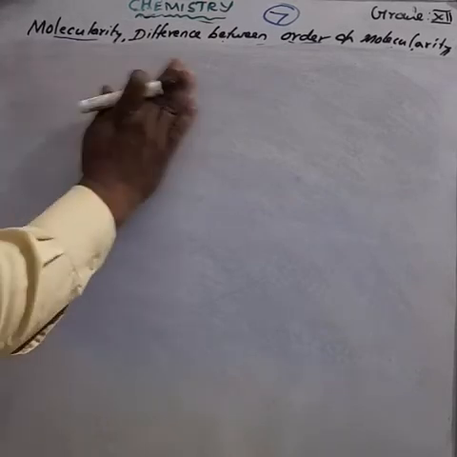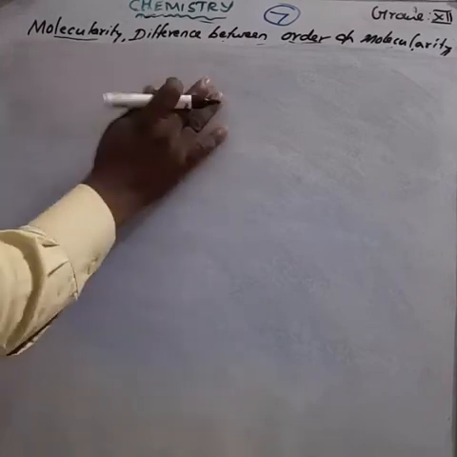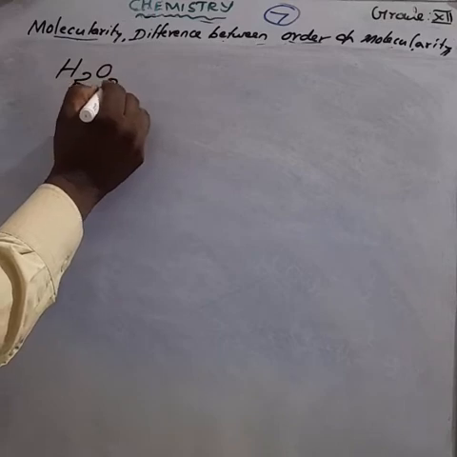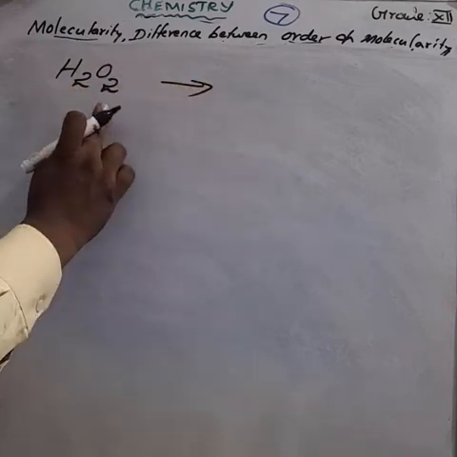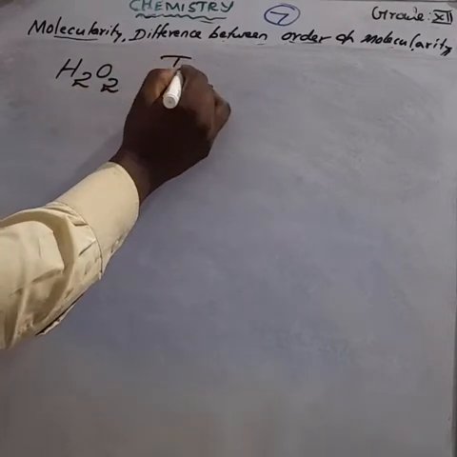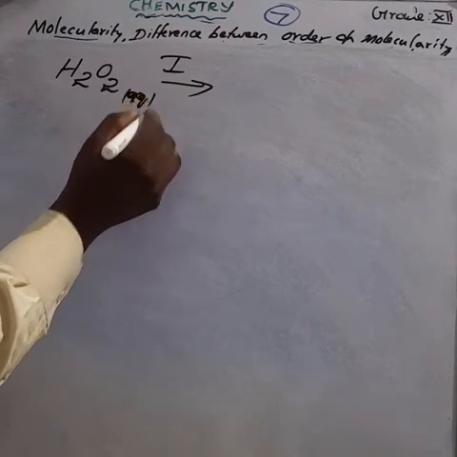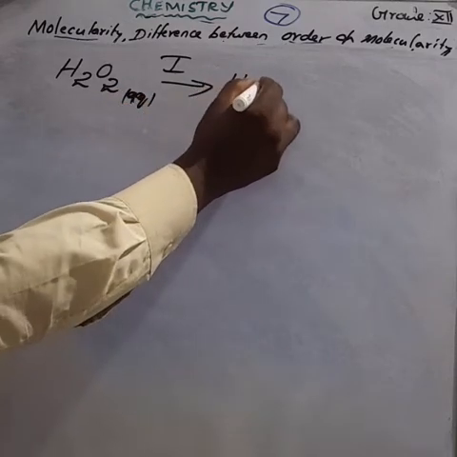Here one of the very important questions is about the decomposition of hydrogen peroxide, using a catalyst, that is iodide. How is hydrogen peroxide converted into water and oxygen?